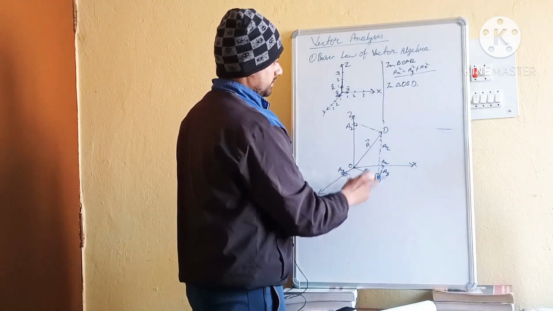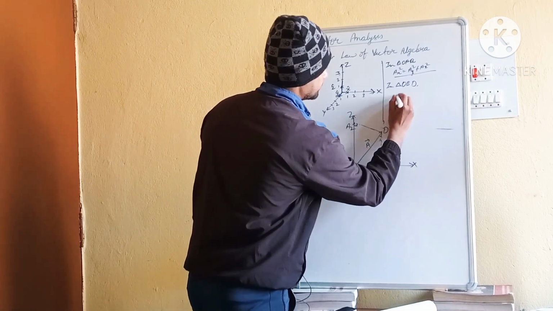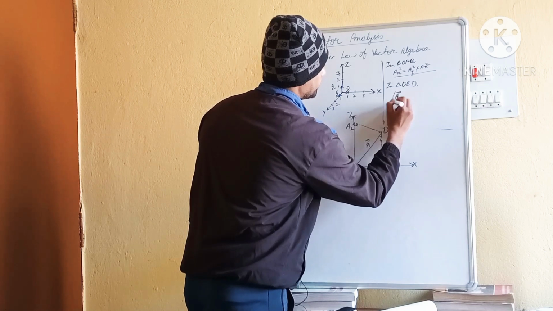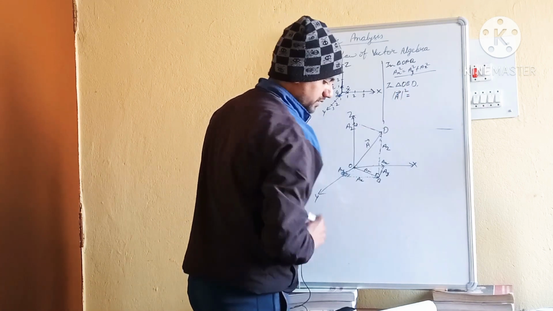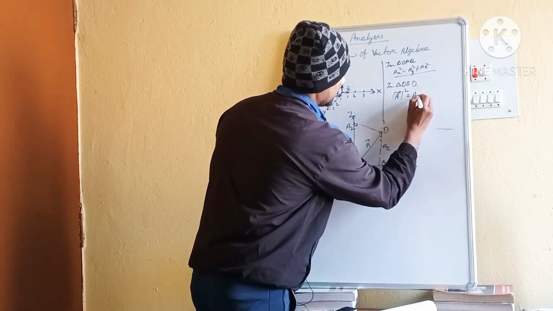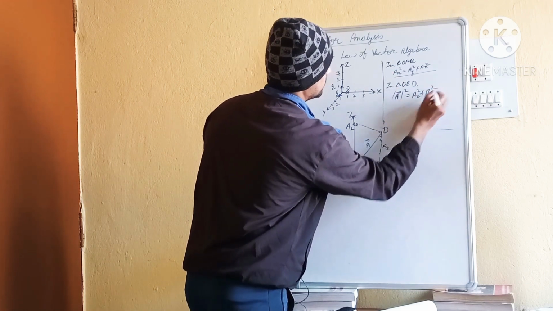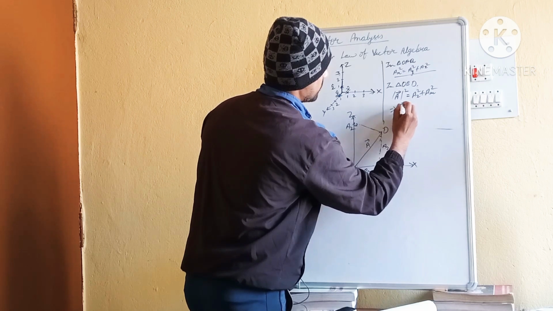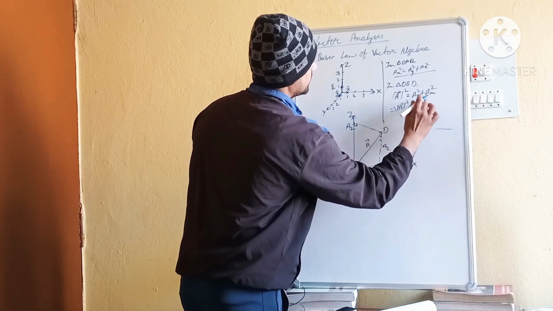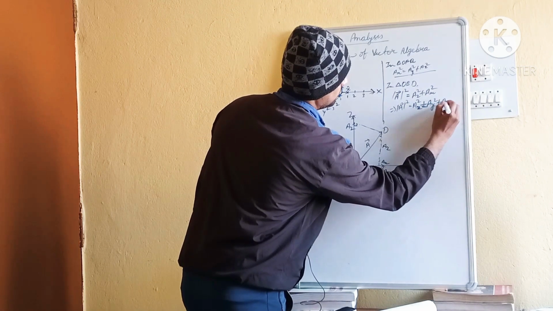In triangle OBD, I'm using the Pythagoras theorem. Here you have the hypotenuse, which is the vector A. So I can write A square equals, perpendicular AZ, so AZ square plus AR square. You already have the value of AR square, so leave AZ square as it is, and in place of AR square write AY square plus AX square.